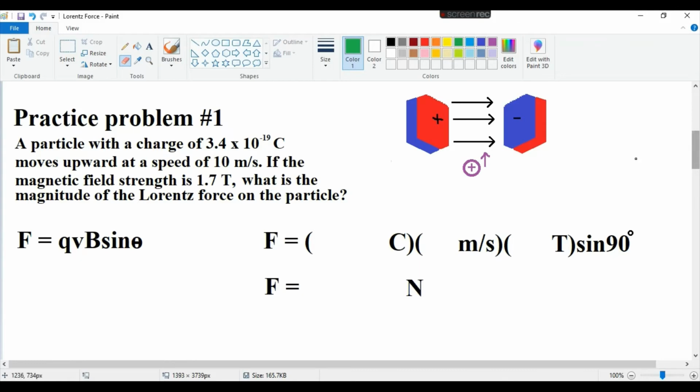So here we have this particle, and it's moving upwards between these two magnets, which are creating the magnetic field. We're going to do red because I like red. So we have 3.4 times 10 to the negative 19th as the charge.